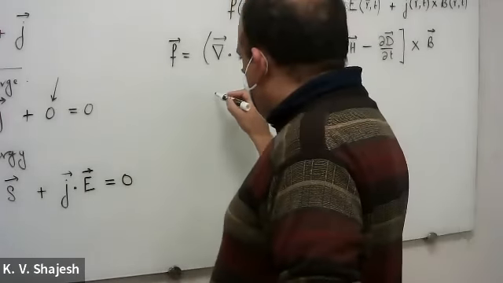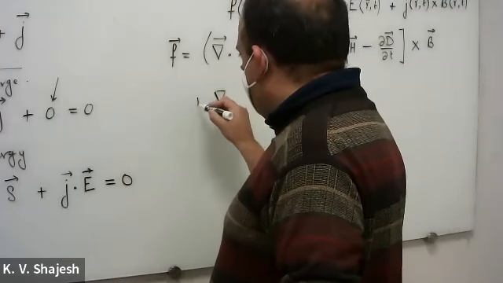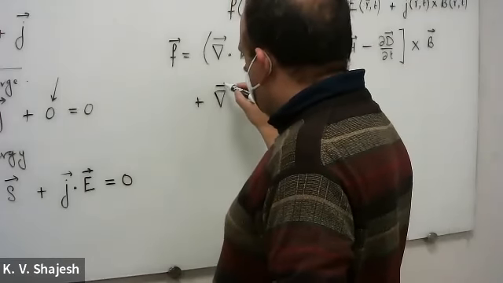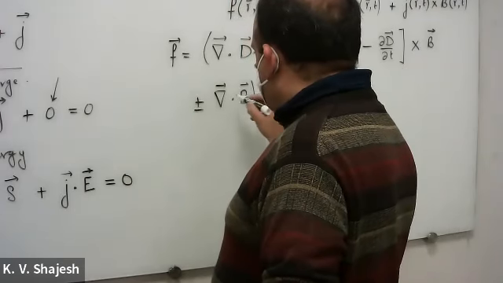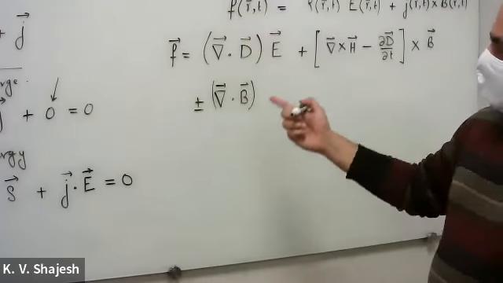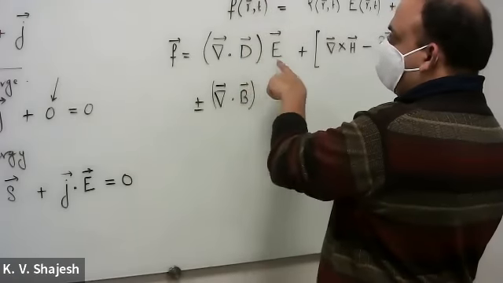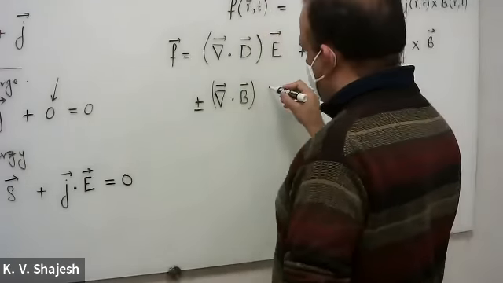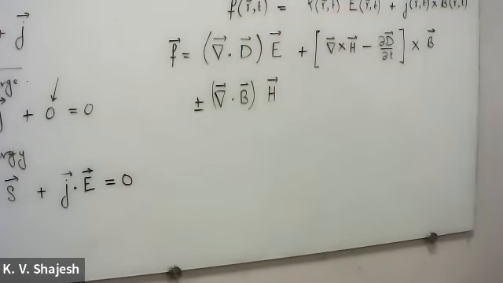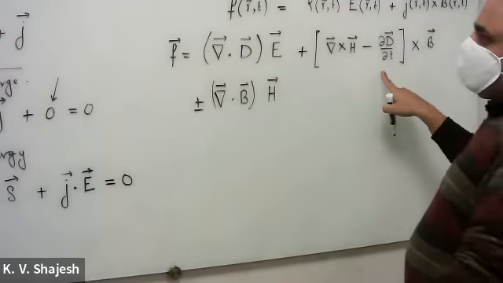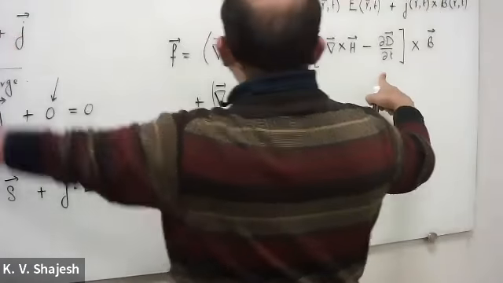So let me write del dot B here. I can add or subtract. I'll decide on that in a minute. Del dot B is 0 anyway. I can multiply it with, here it was multiplied with E, so I'll multiply it with H. That's 0 anyway. Do the same thing here. This is equal to 0.